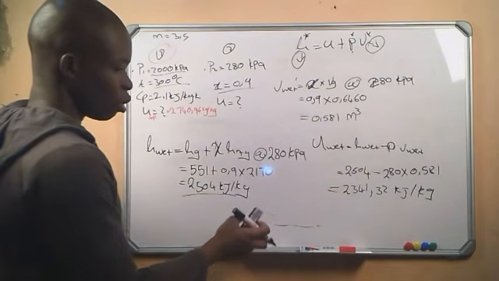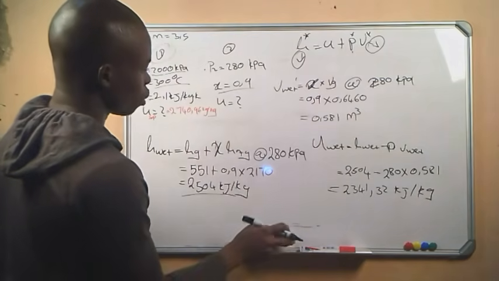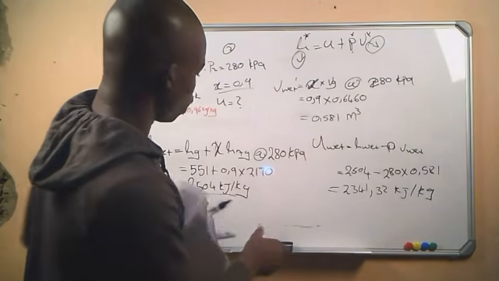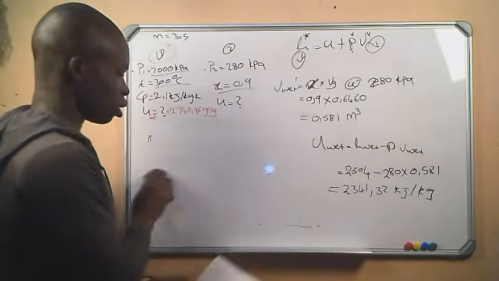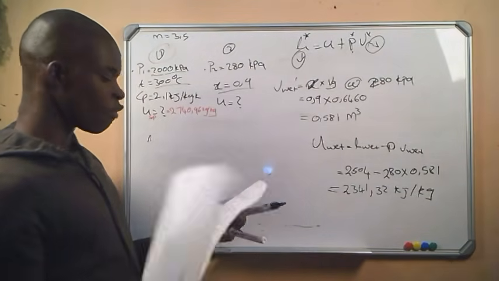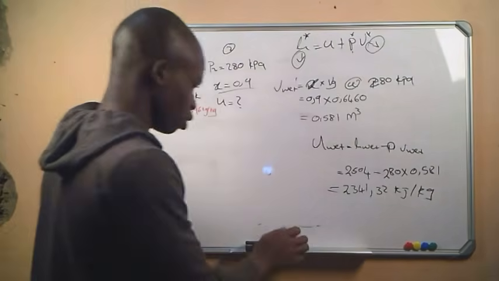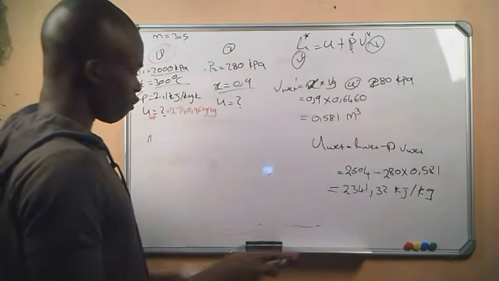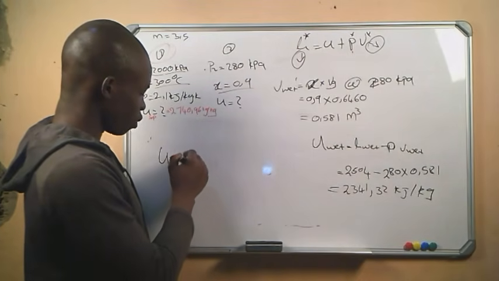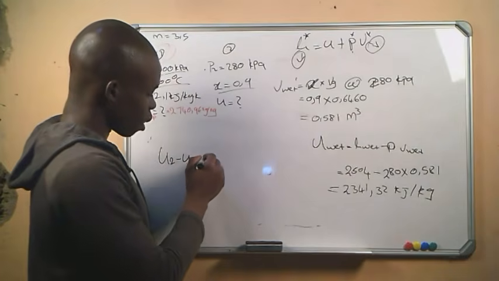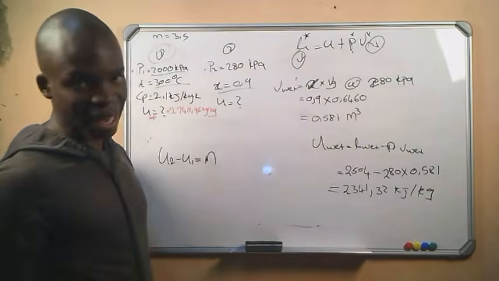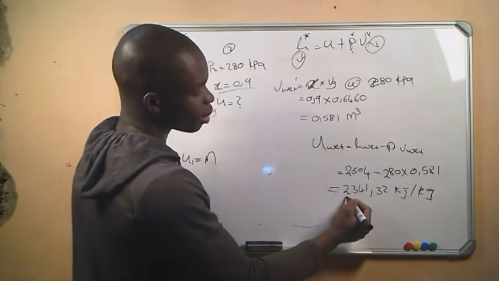We know that in the question they said calculate the total change of internal energy. So we say our formula: U2 minus U1 equals our M, because now they are saying the total change in internal energy.